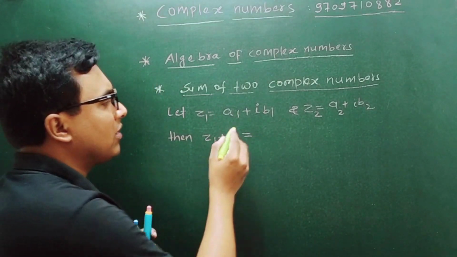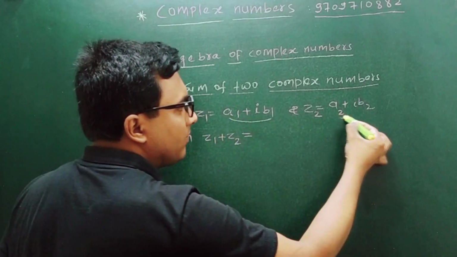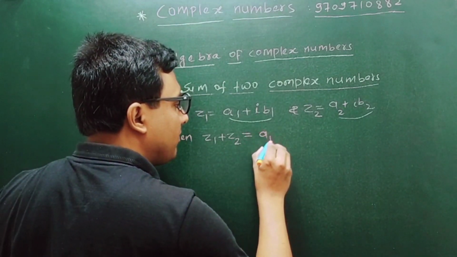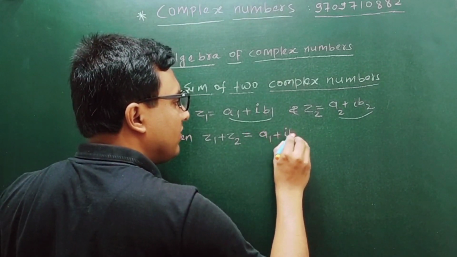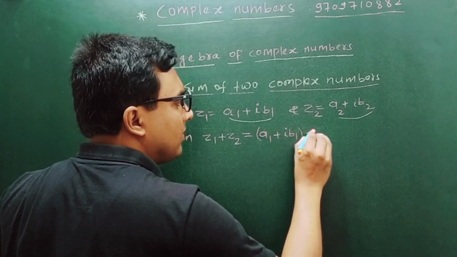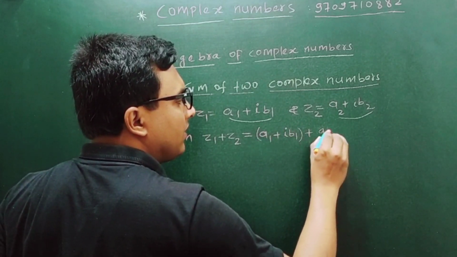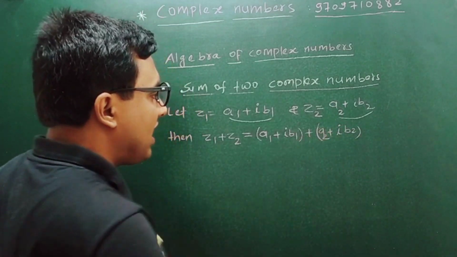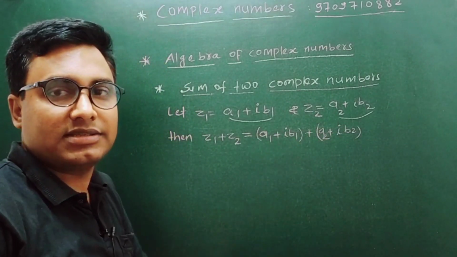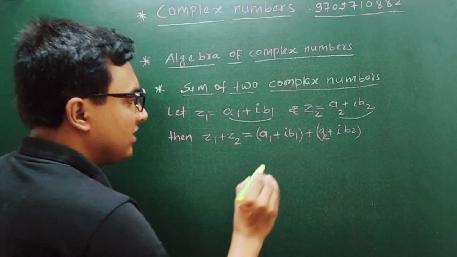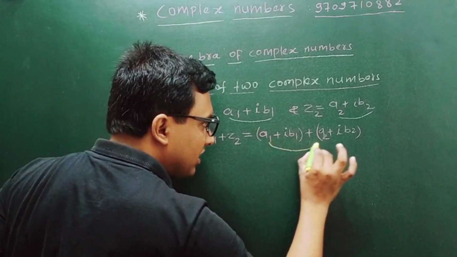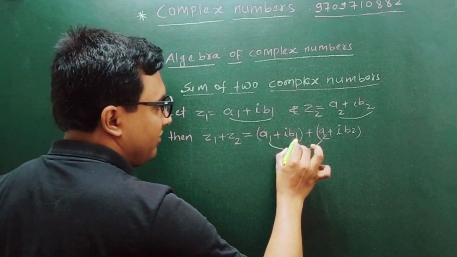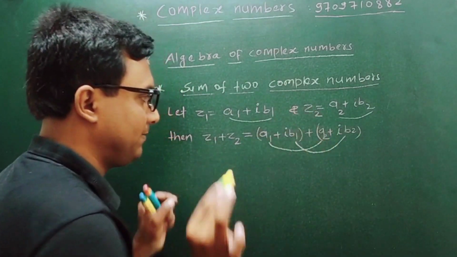We add both complex numbers, a1 plus iota b1 and a2 plus iota b2. After writing this, the real part is added with the real part and the imaginary part is added with the imaginary part.